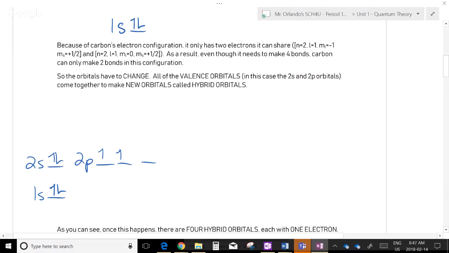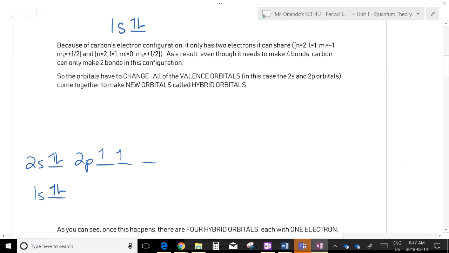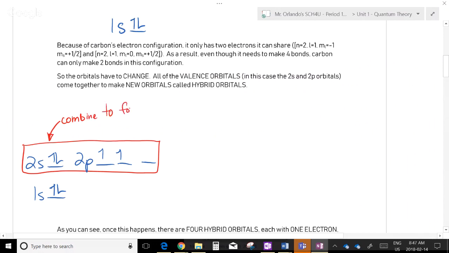I'm just redrawing what we had before, okay? And we say all of these are going to combine to form what we call hybrid orbitals. Take a minute to write that.